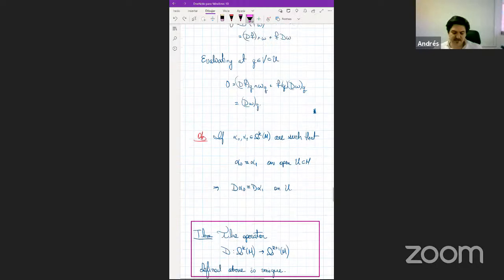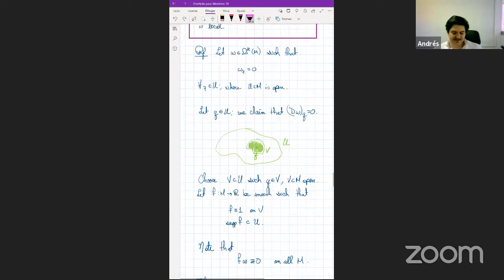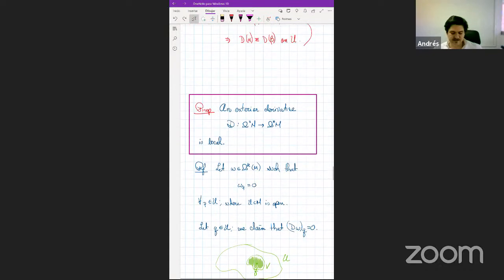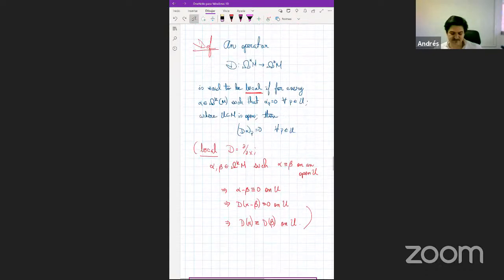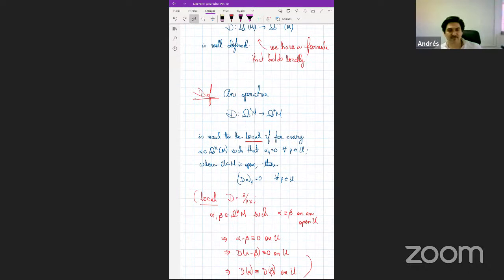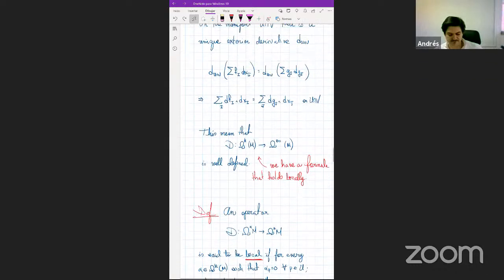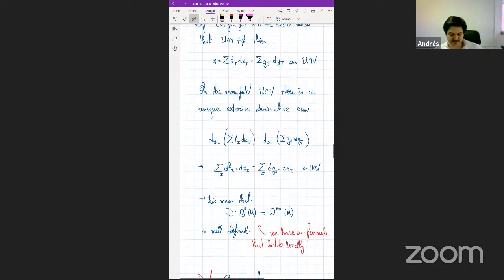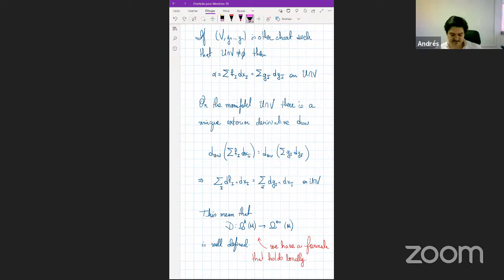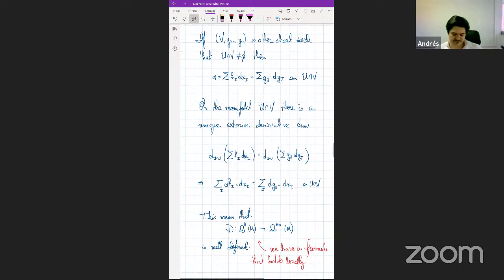Remember that this D is an exterior derivative given on a manifold. Locally, we define it in the usual way, like this. D is global, but locally it looks like this.